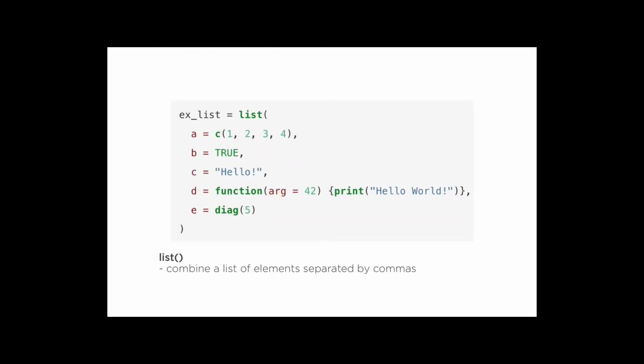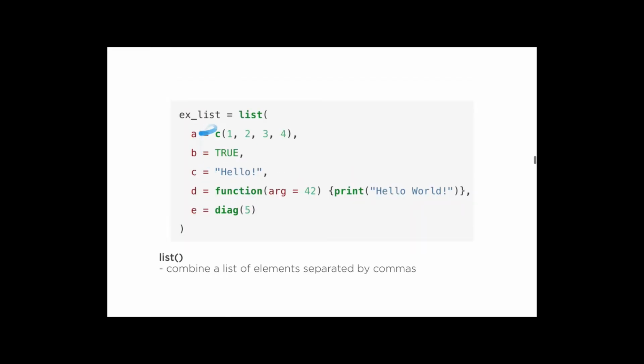In this case, you would need to use a list where there is a variable defining each element. And to access that variable, you do need to know its name.